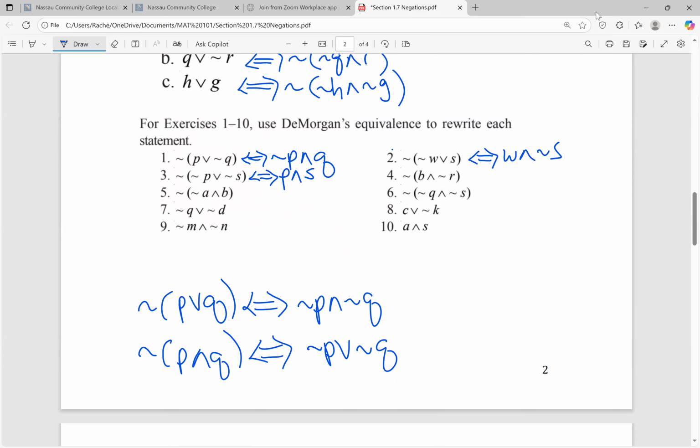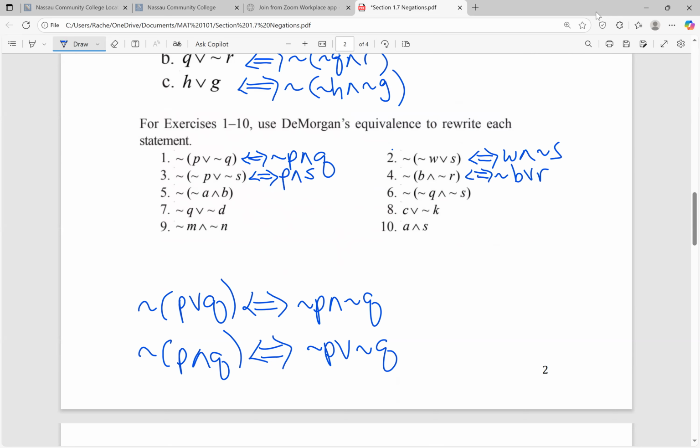Number 4, we're negating an and. So we're going to have not B, and becomes or, and a not R, which is R. So not B or R. For number 5, we're negating a conjunction. So not A is A. Whoops.